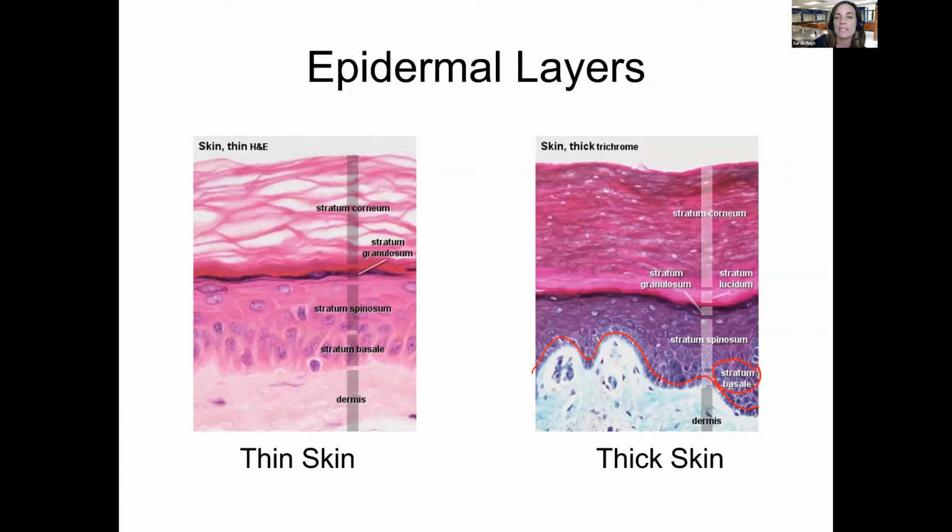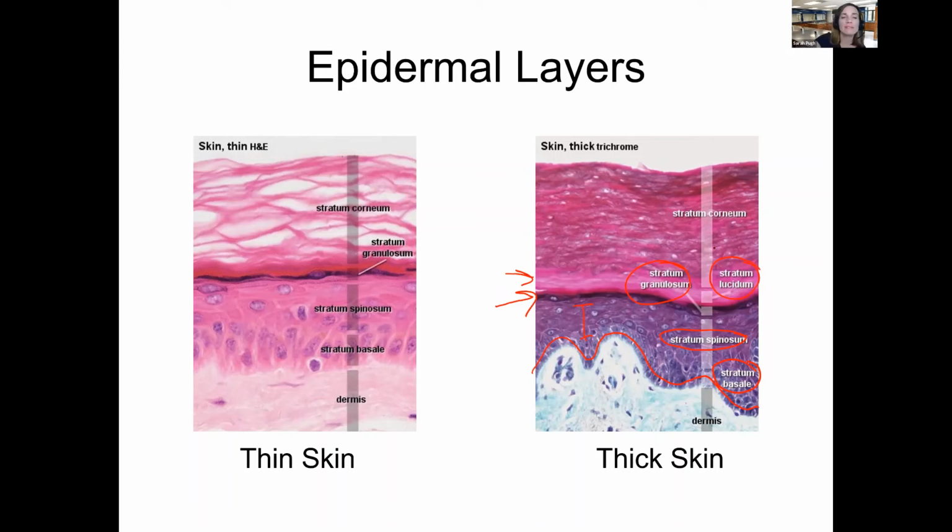All of this in here is the stratum spinosum, where it looks spiny because the cells are shrinking down. That dark band is always the stratum granulosum. Right above that, you see that pretty translucent band. That's the lucidum. Again, you're only going to find that in thick skin.